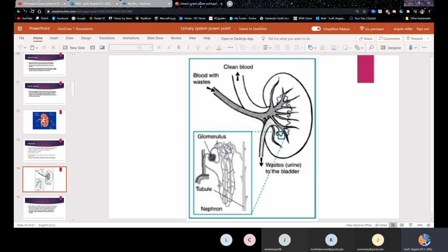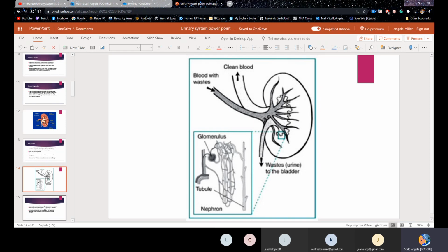And we call this the loop of Henle, okay? And look, each one of these, there's one located inside every single nephron. So we have lots and lots and lots of these, right? And they're all their own mini processing and filtering unit inside each nephron.